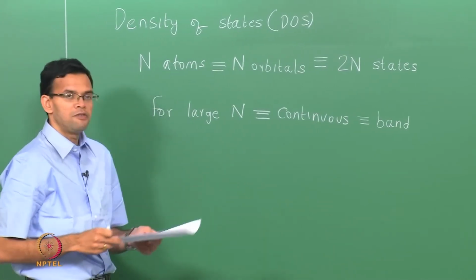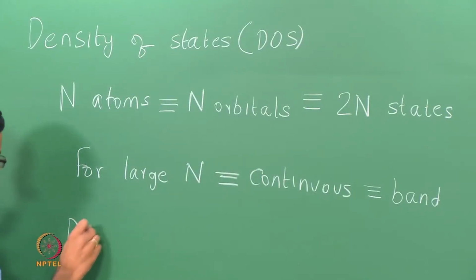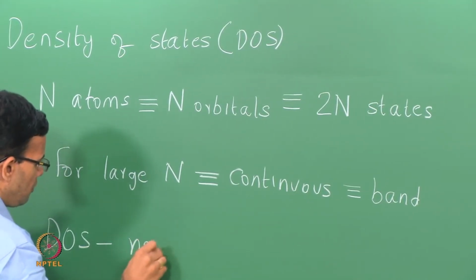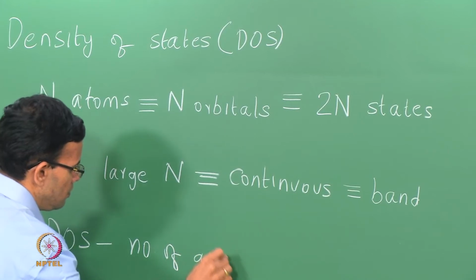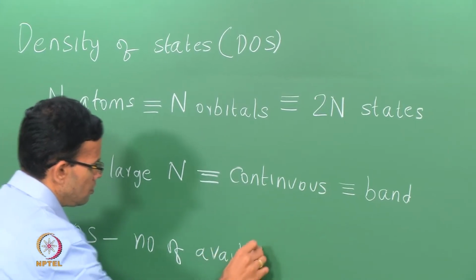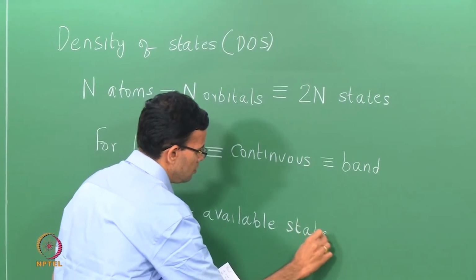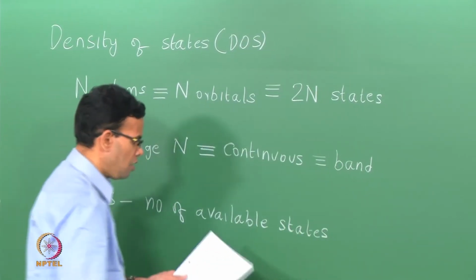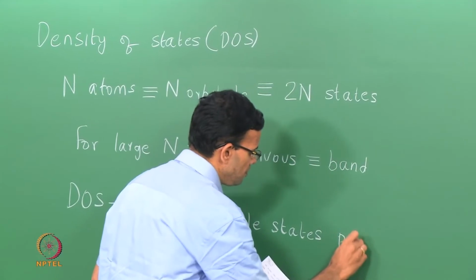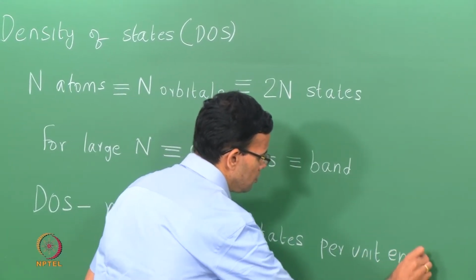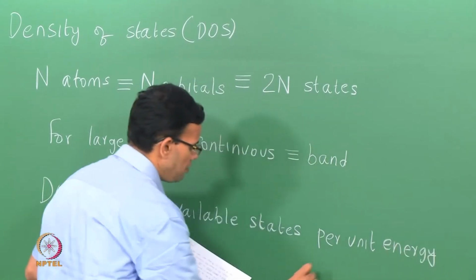The density of states DOS is defined as the total number of available states per unit energy and per unit volume.